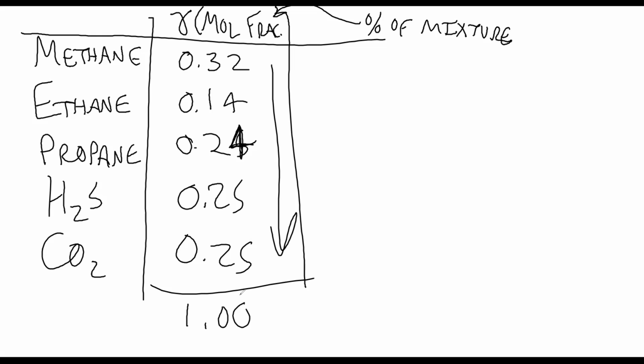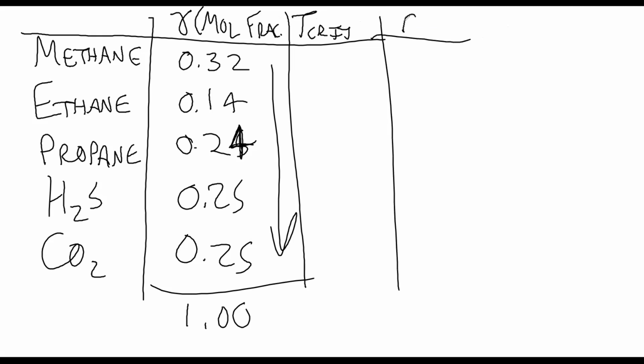And then I should also know what the properties of those are. So I should know and I can look up the critical temperatures and the critical pressures for each of these gases. I can look those up and come back with some value. I'm making these up. For methane, say it's 1,000 degrees Rankine.